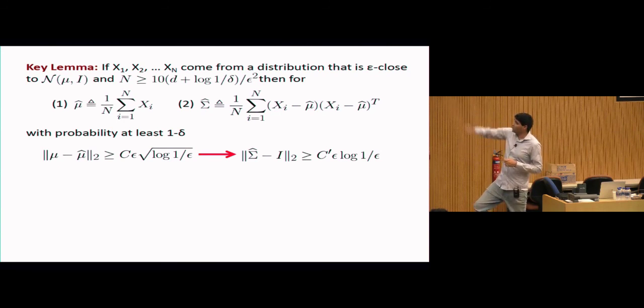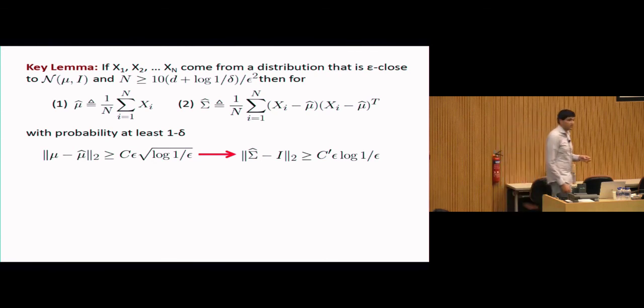If mu hat is really far off from mu, if the adversary has moved you by more than epsilon, he's moved you to 100 epsilon root log 1 over epsilon, then it implies that the empirical covariance is off from what it should be too. There's a direction of noticeably large variance: instead of having spectral radius of 1 for the empirical covariance, it's at least 1 plus c prime epsilon log 1 over epsilon.